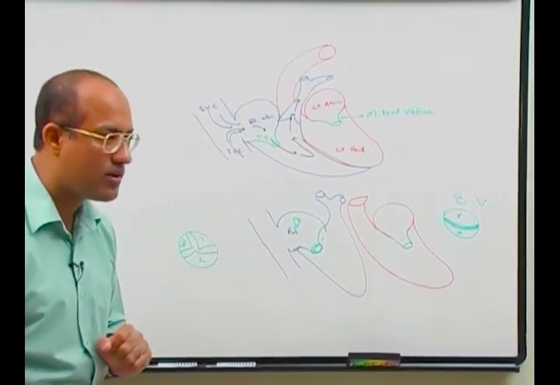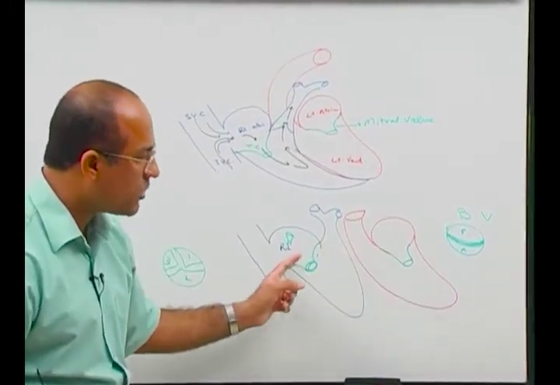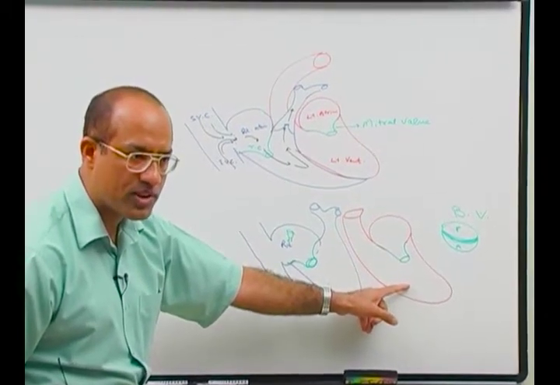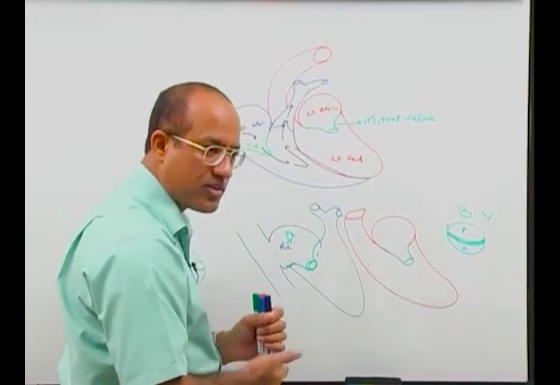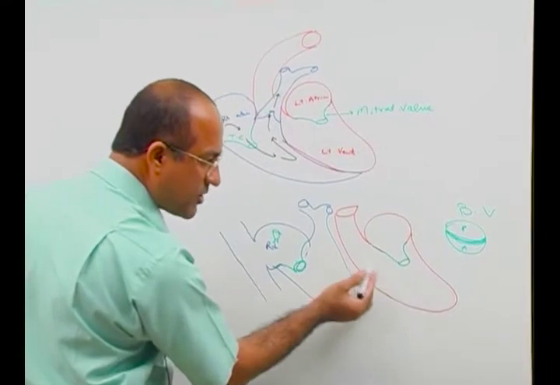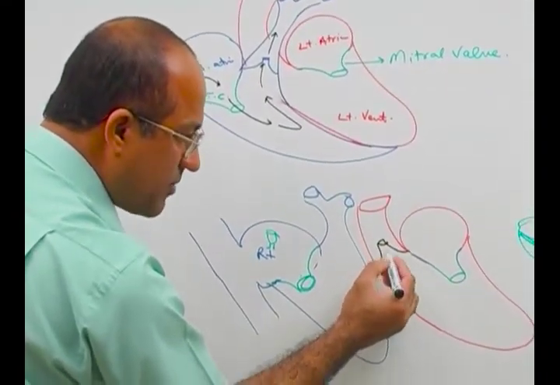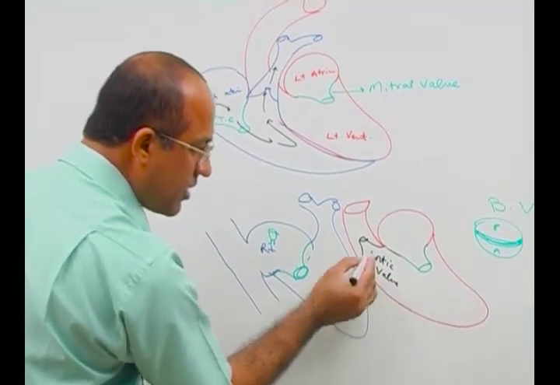What are they also called? Atrioventricular valves, because both of these valves are between the atria and ventricles. Is that right? So these are the input valves into the ventricles. Then what are the output valves? From the left ventricle, blood is going to the aorta. So the valve which is put over here is called the aortic valve, right?